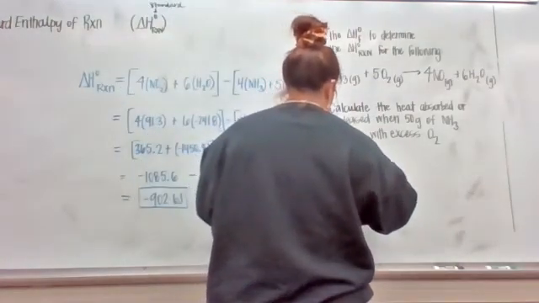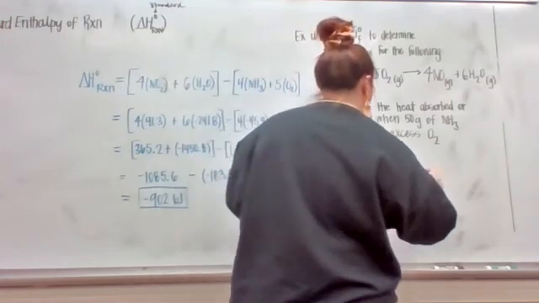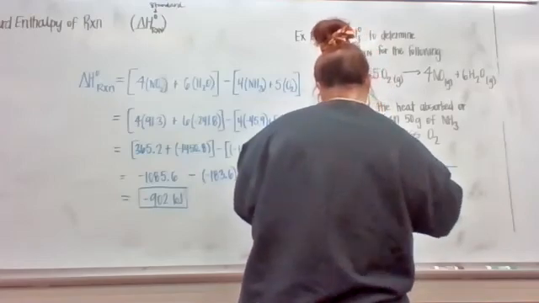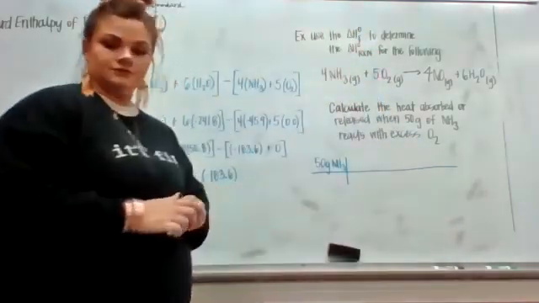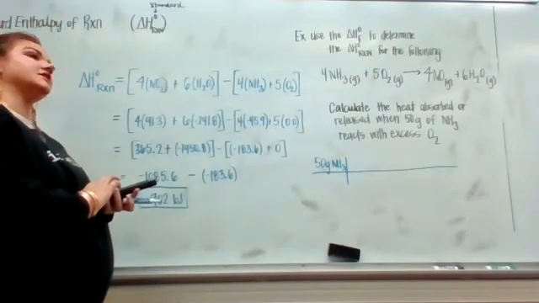Start with 50 grams of NH3. I need to convert it to moles. So to do that, I need its molar mass.